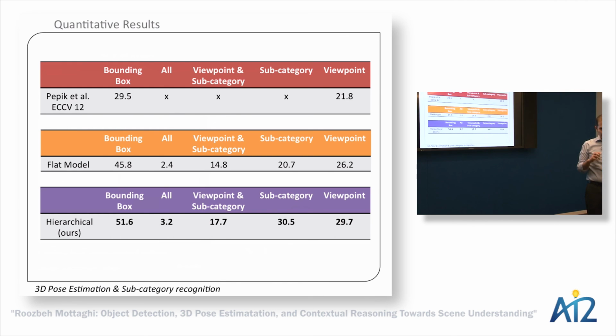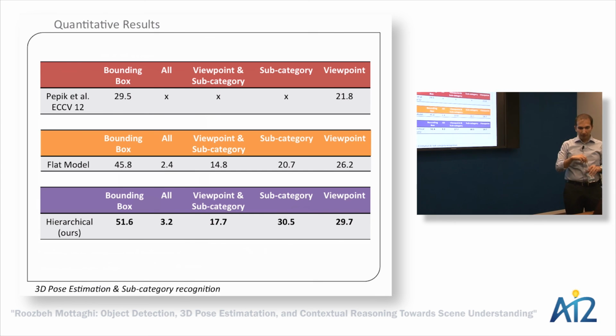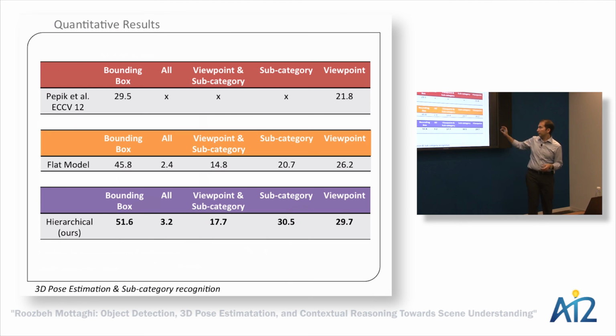How much of this should we attribute to the better CNN feature, and how much to the model? Yeah, the main source of improvement is the CNN feature. But for the flat model, we also use the CNN feature. So probably this improvement is from the CNN feature, and this improvement here is attributed to the model.